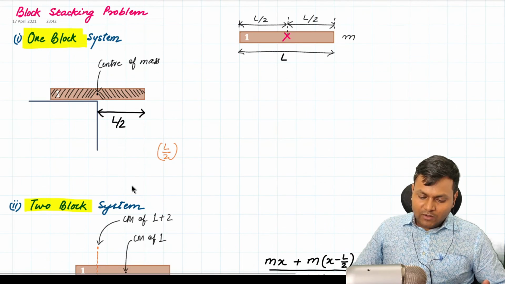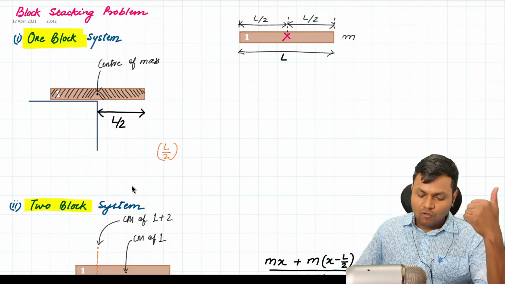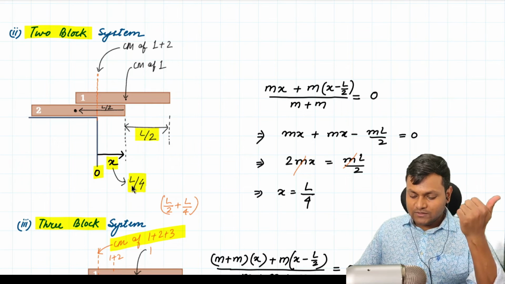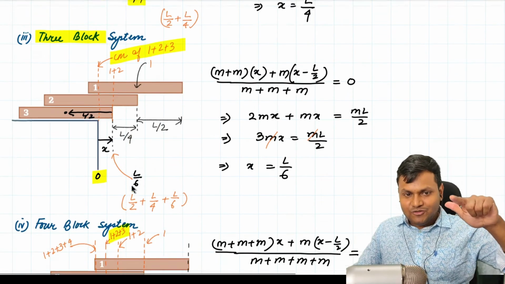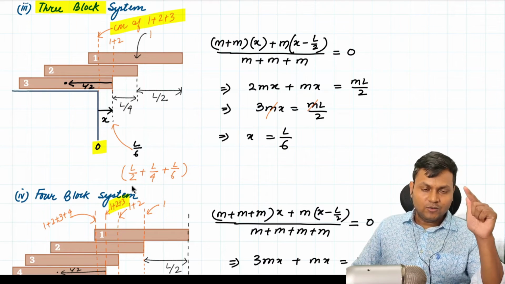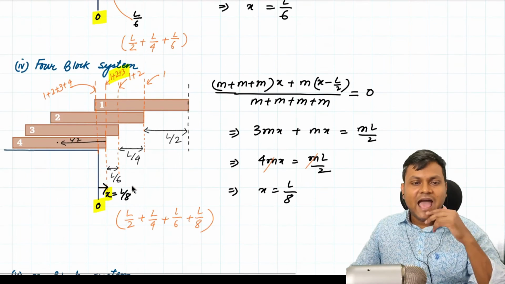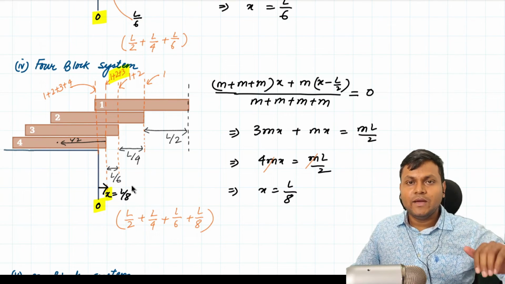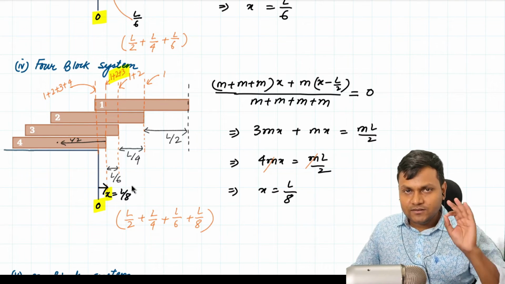So initially, when we just had one block, the maximum overhang was L by 2. When we had a 2-block system, the maximum overhang was L by 2 plus L by 4. In the 3-block system, the maximum overhang was L by 2, L by 4, and L by 6. And in the 4-block system, you have a maximum overhang of L by 2, L by 4, L by 6, L by 8. Do you see a pattern here?